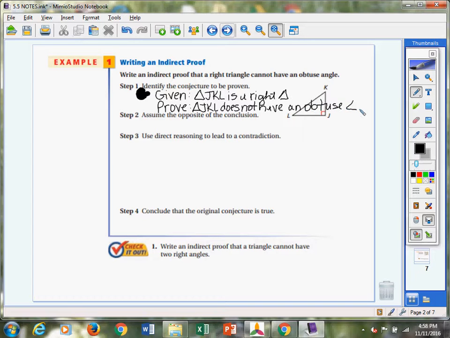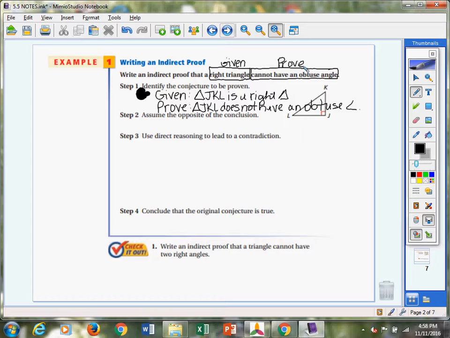Okay? So this is what was given. We know that we were given this, and the figure supports that, and we're told that we have a right triangle. And this is what we're trying to prove. Prove that it cannot have one of the angles be obtuse. That's really what we're after.